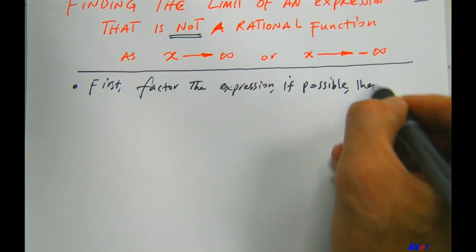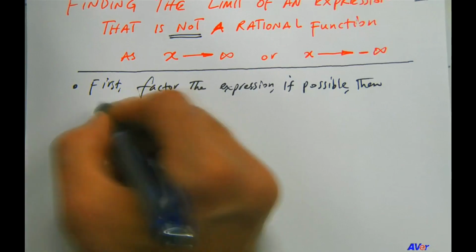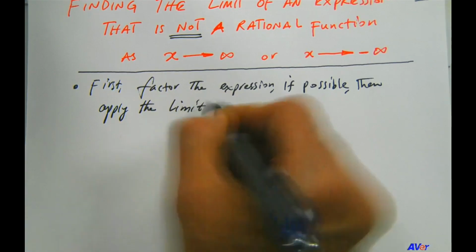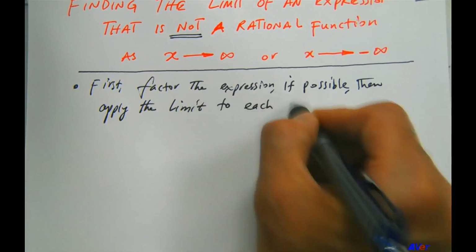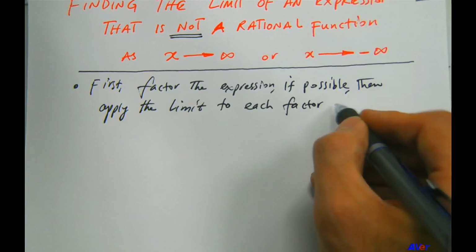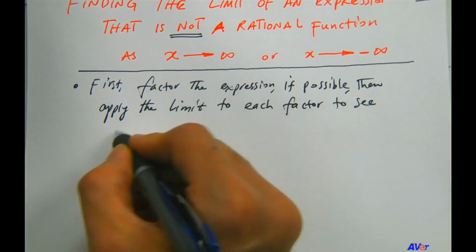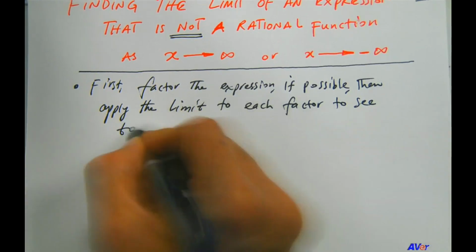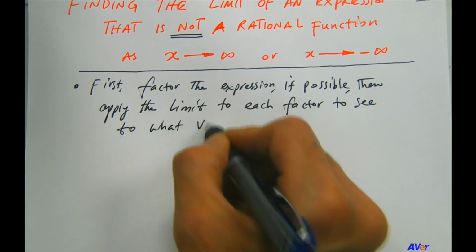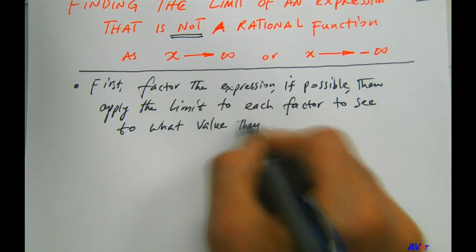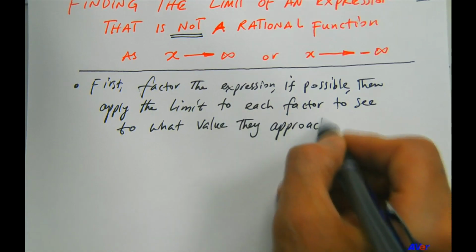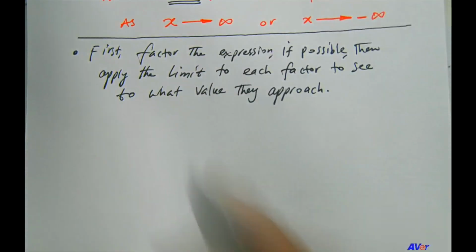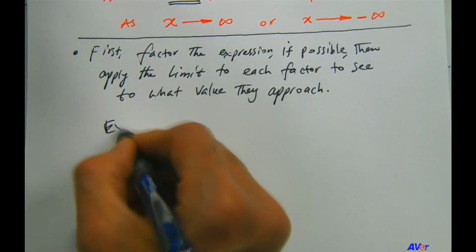Then apply the limit to each factor to see to what value they approach. Okay, so that's basically a description of the technique. And as before, once we do some examples, you'll see exactly how this is done.